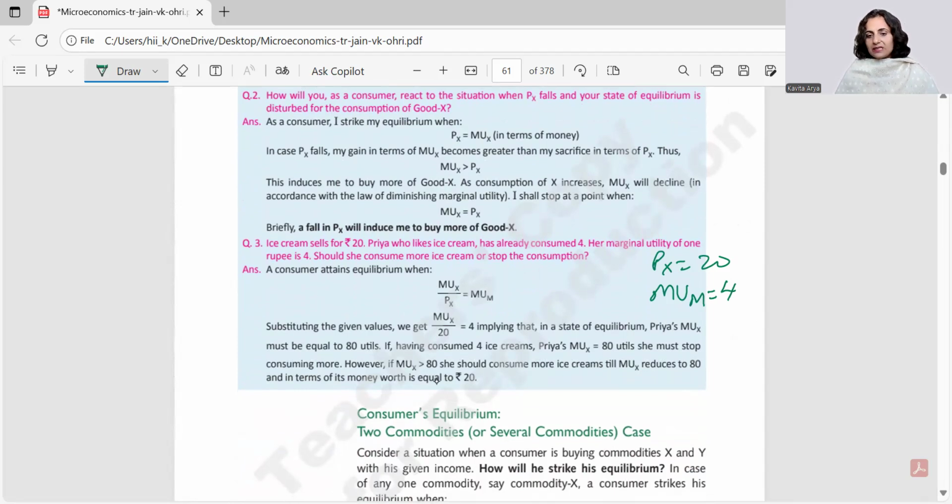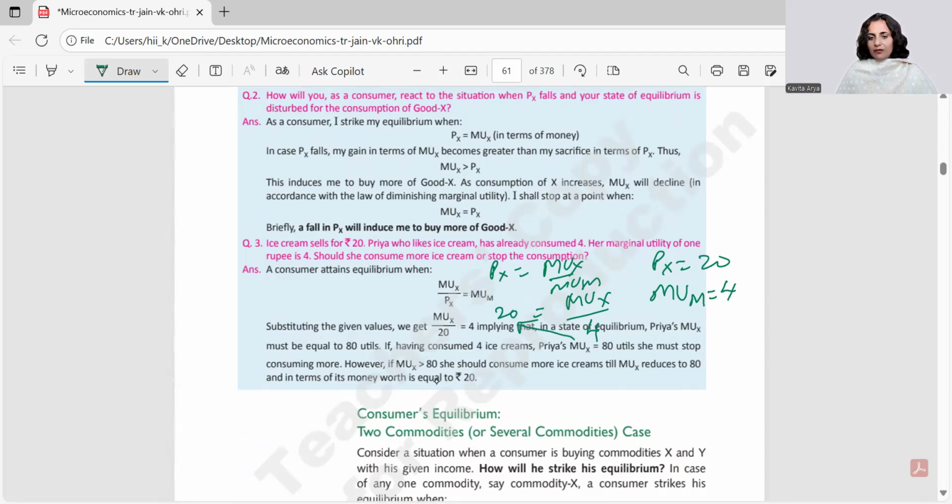So what is the value for consumer equilibrium? MUX by MUM is equal to PX. So PX is equal to MUX by MUM. So price is 20. MUX, marginal utility, you have to find, and MUM is 4. So marginal utility is 80, right?